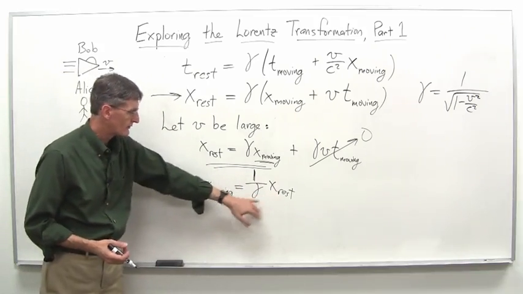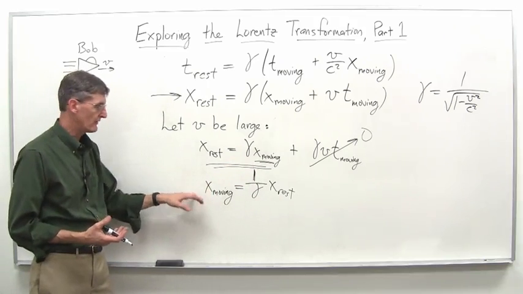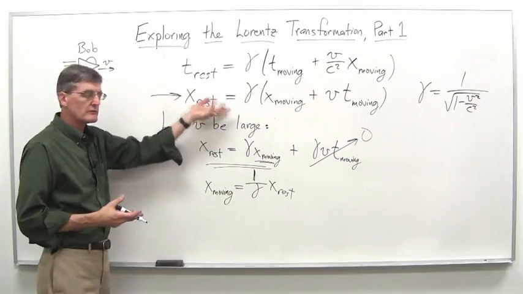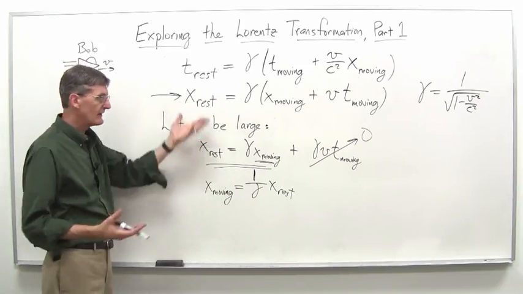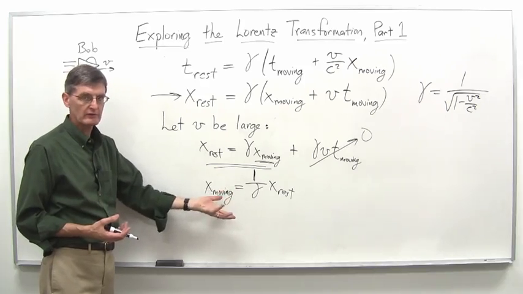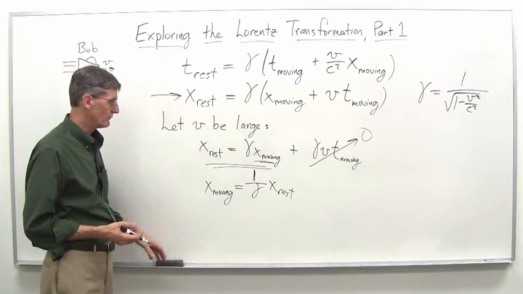You take x rest, multiply by maybe gamma is 2, 1/2, and you get a smaller value. So this is the length contraction effect, and essentially that's built into the Lorentz transformation, as it better be. If it isn't, then we've got something really wrong here. Either our original conclusion with length contraction was incorrect, or our Lorentz transformation derivation was incorrect.